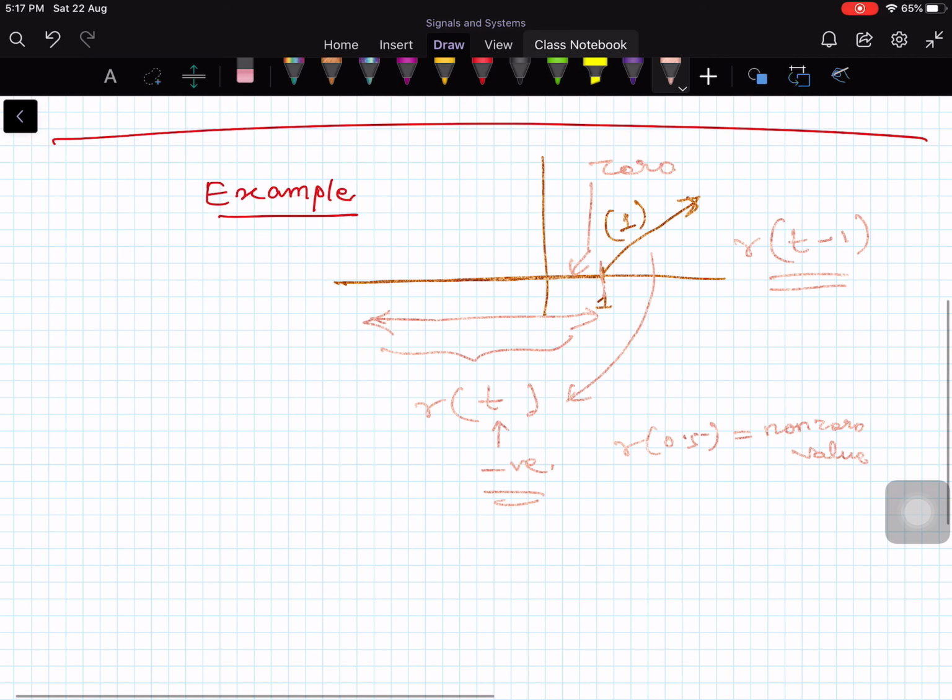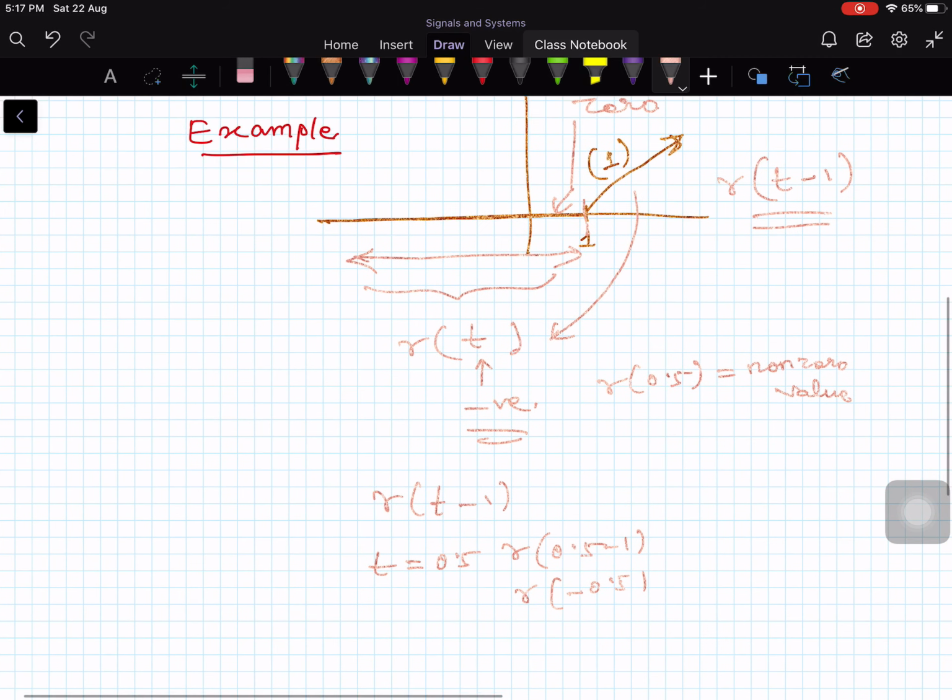Now you can check it out. For r of t minus 1, put t equal to 0.5, then r of 0.5 minus 1, this is r of minus 0.5. Since the argument is negative, its value is 0.